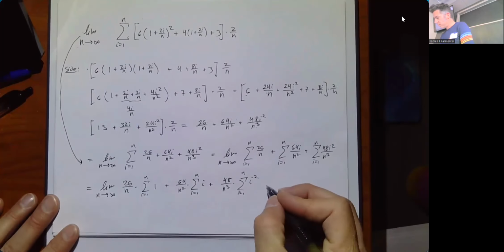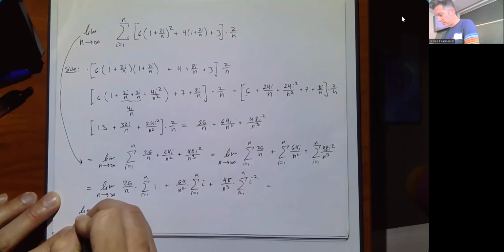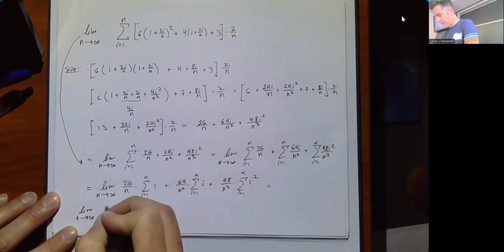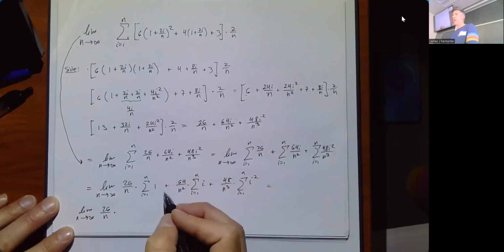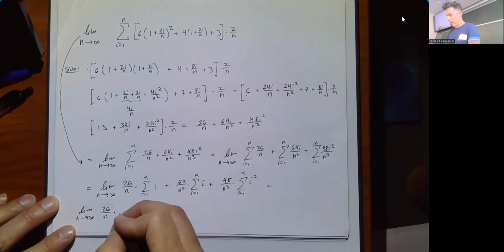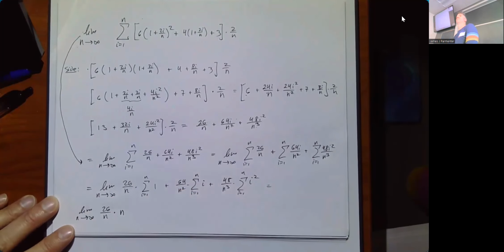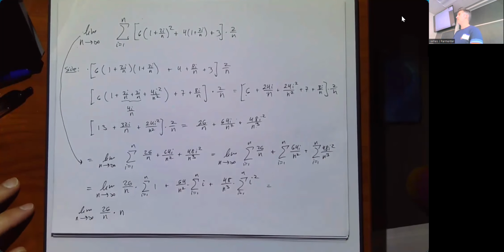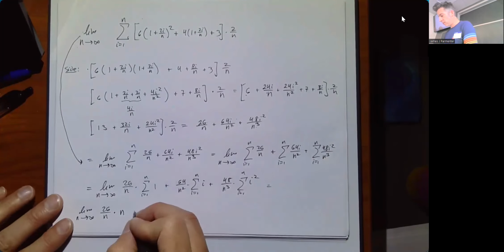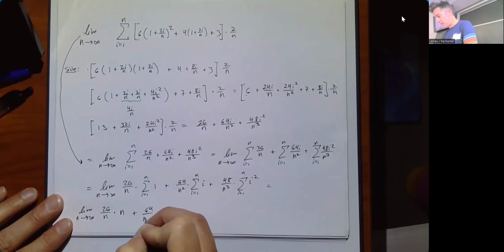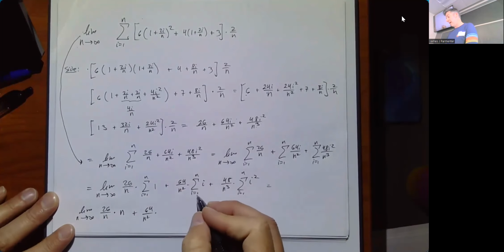So we're going to say this is the limit as n goes to infinity of 26 over n times, if you add 1 up n times, you get n. 1 plus 1 plus 1 plus 1, n times, is just n. Plus 64 over n squared times the sum from i equals 1 to n of i.